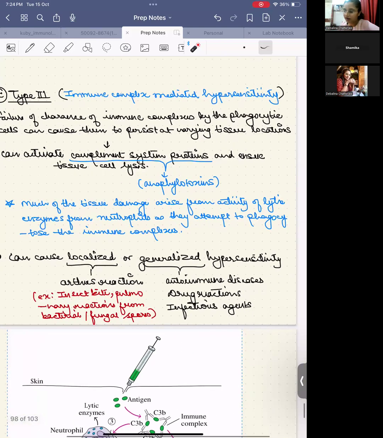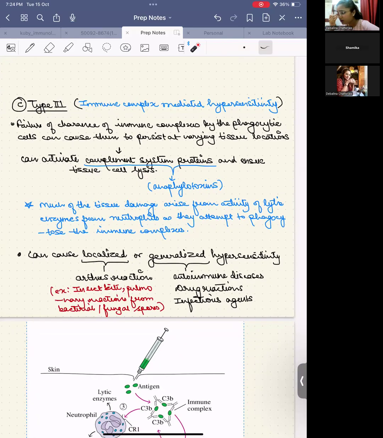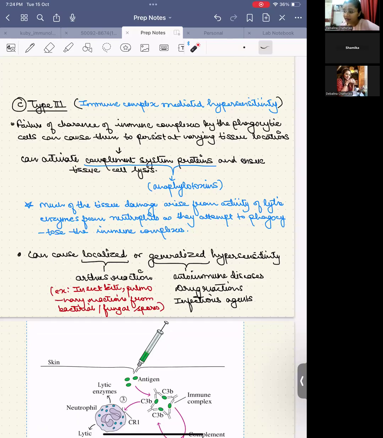there is persistence of antigen antibody complexes. And if you remember, the persistent antigen antibody complexes can activate the proteins from your complement system. If there is activation of proteins from the complement system, anaphylotoxins can be produced.